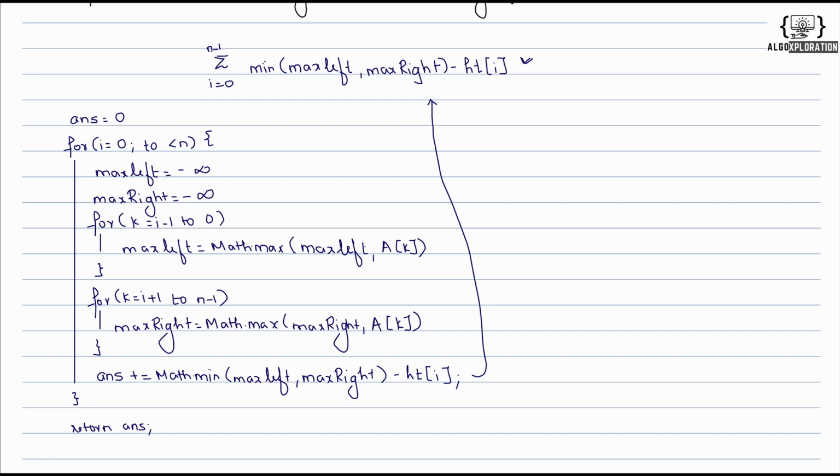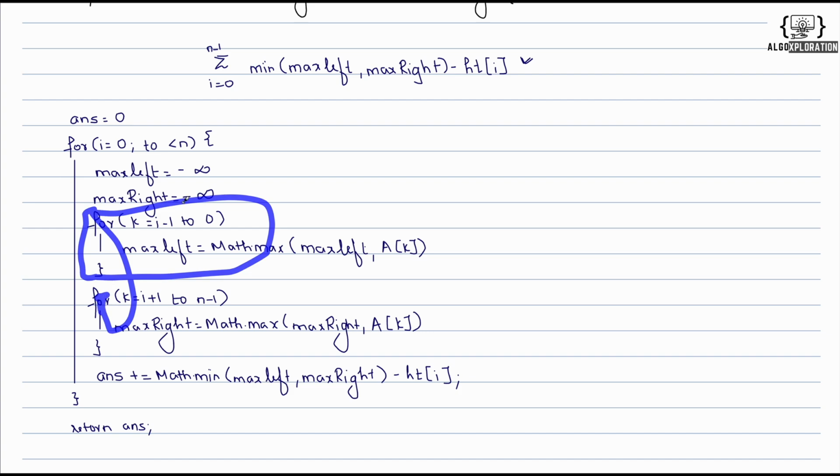Now let's talk about the time complexity. Here we can see that this is the outer for loop which runs n times. Here also there is an inner for loop which is also running approximately order of n, both of them, right?